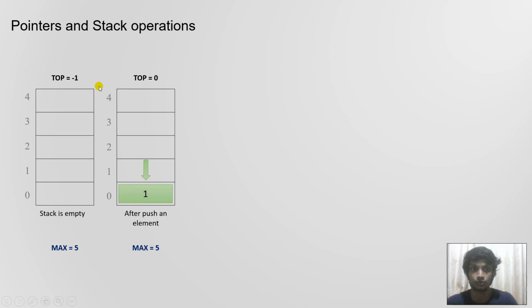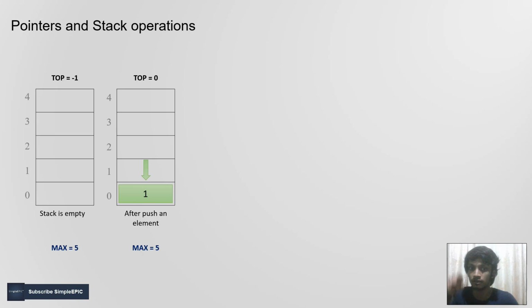It will increase to 0, and the max remains 5 because max can't be changed during this execution period. It is a stable value. Max is 5, but top is not stable. It is dynamically changed. That is why I said it has a pointer.